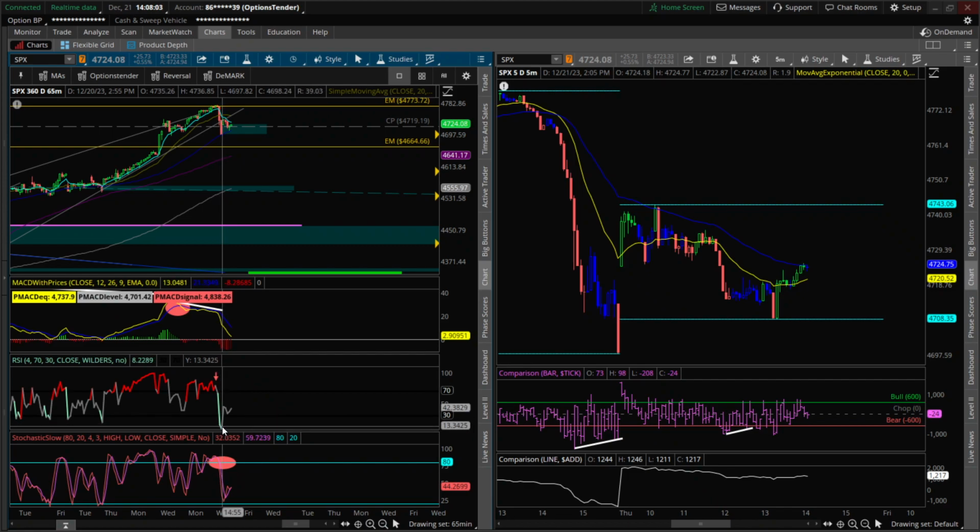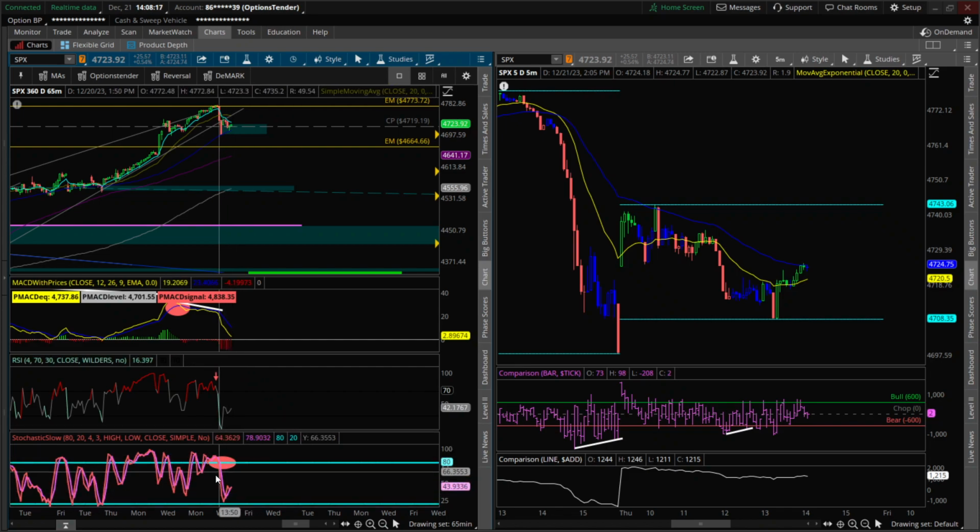And so that's a sign saying, hey, you might want to either lighten up or put on some protection. We're oversold. Now, it could stay that way, but it just didn't appear that was happening today. And I'll show you why in the ticks. But same thing, the slow stochastic started heading down rapidly, and we crossed back over to the upside.